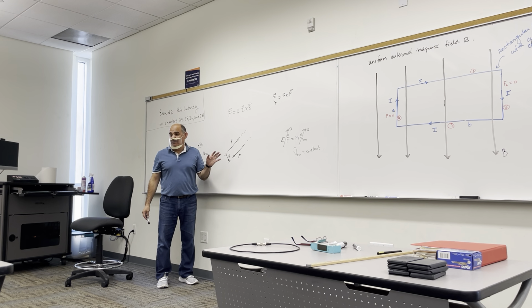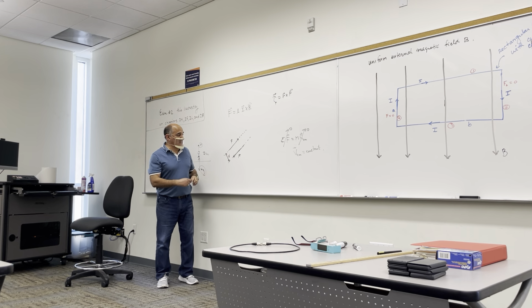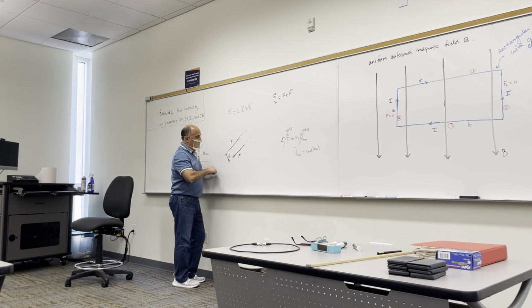It's always the same value, same magnitude, same direction. And the easy result is that this force is like that, this force is like this, so the torque is going to be clockwise, and the magnitude of the torque is just the magnitude of either force, because they're the same, multiplied by D.